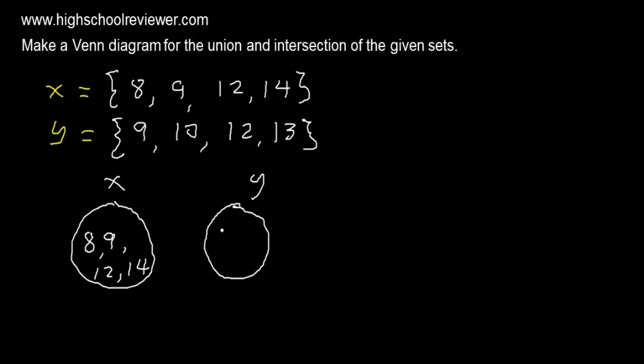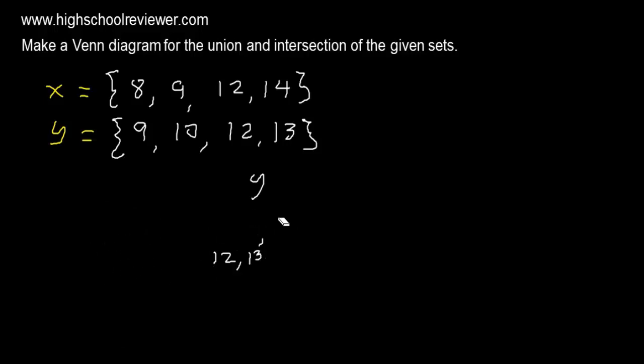And Y has the following elements: 9, 10, 12, and 13. But we have to represent the Venn diagram for the union and intersection of the given sets. So we have to erase this, and then we will make a Venn diagram with an intersection.